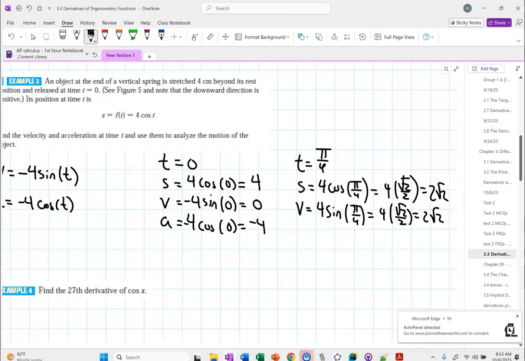Velocity moving in that positive direction. Oh, sorry. It's in the negative direction, as we'd expect, right? It's moving back up towards the origin.